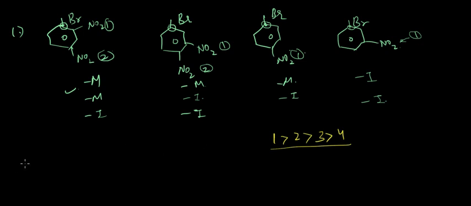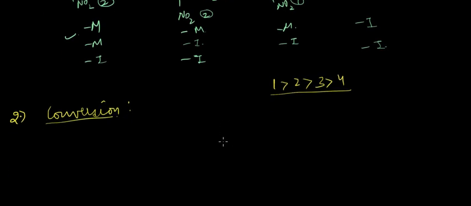Now the second example is about conversion. You have been given a compound and you have been asked to convert that compound into another organic compound using the reactions which we have discussed over the course of this video lecture series and the previous video lecture series. So we have something like this and you need to convert this compound into this compound.